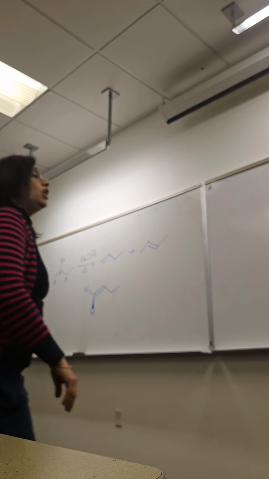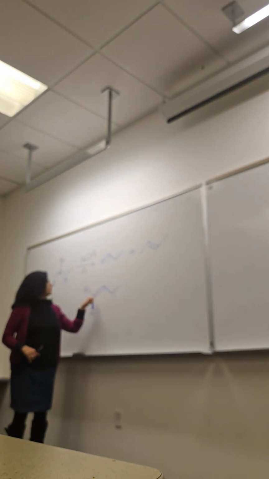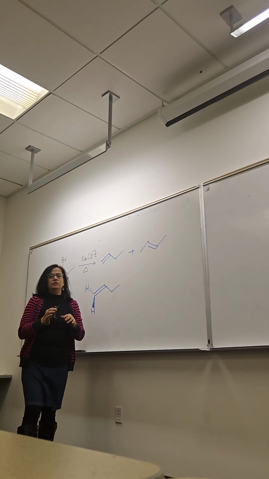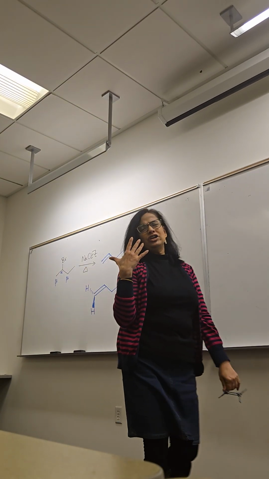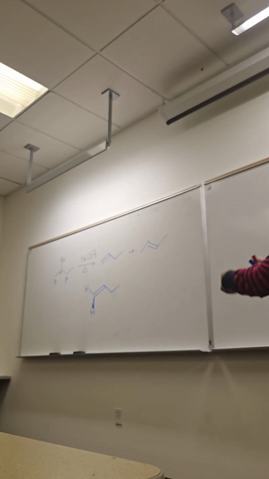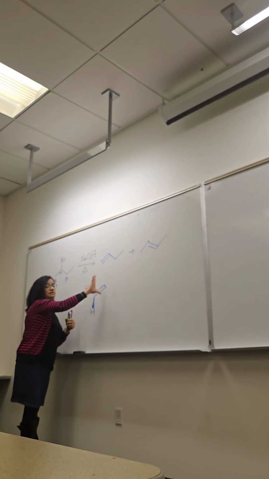What's the hybridization of these two carbons? sp2. If they're sp2, what should be the shape? They both have to be trigonal planar. If they're both trigonal planar, then all the 4 things coming off the double bond have to be in the same plane.